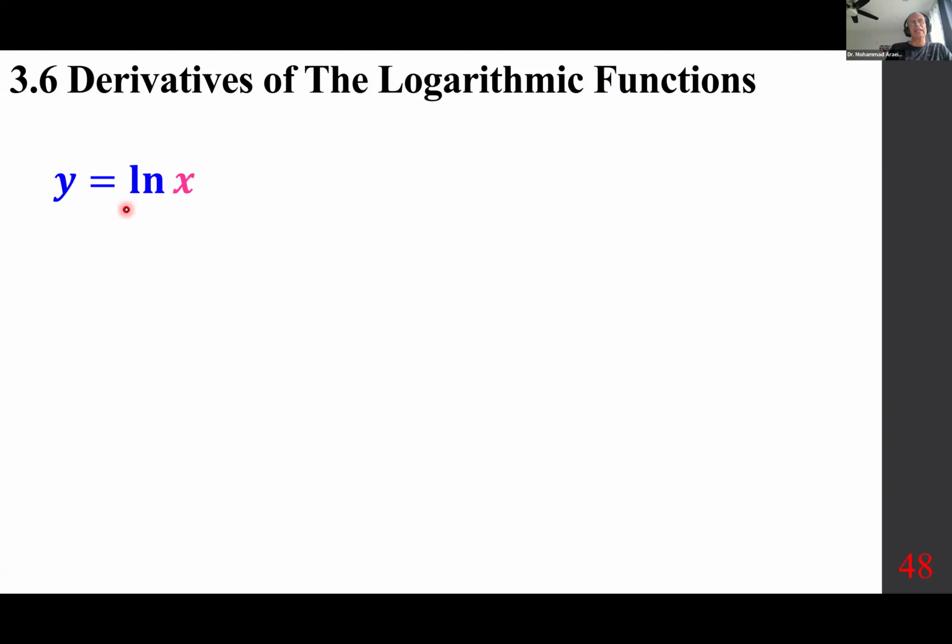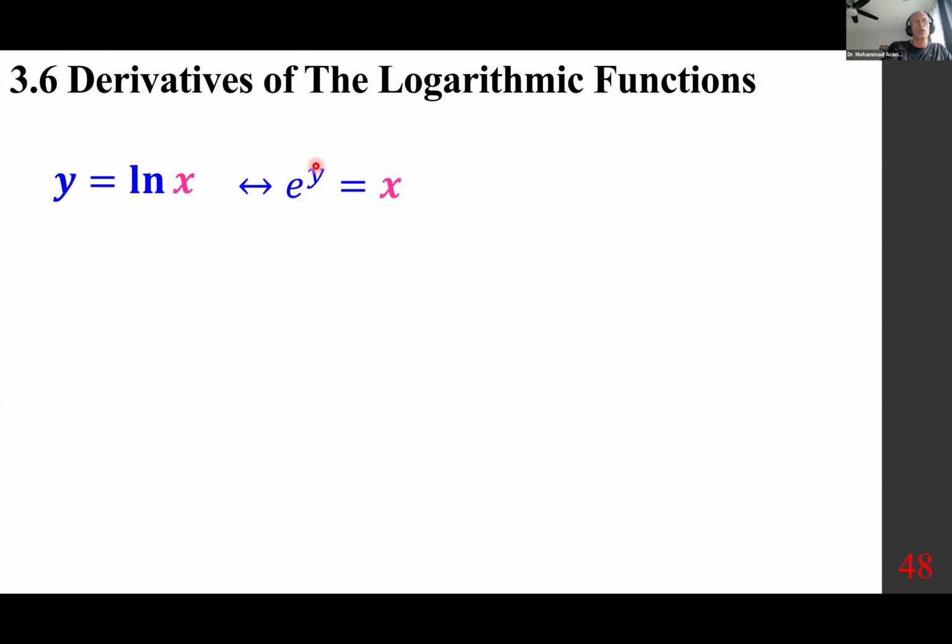y equals ln x. We want to take the derivative, and to do so, we're going to go to the exponential format, e to the power of y equals x, because we know how to differentiate exponential functions. So we're going to differentiate this implicitly. The derivative of the left side, any exponential, the answer is itself.